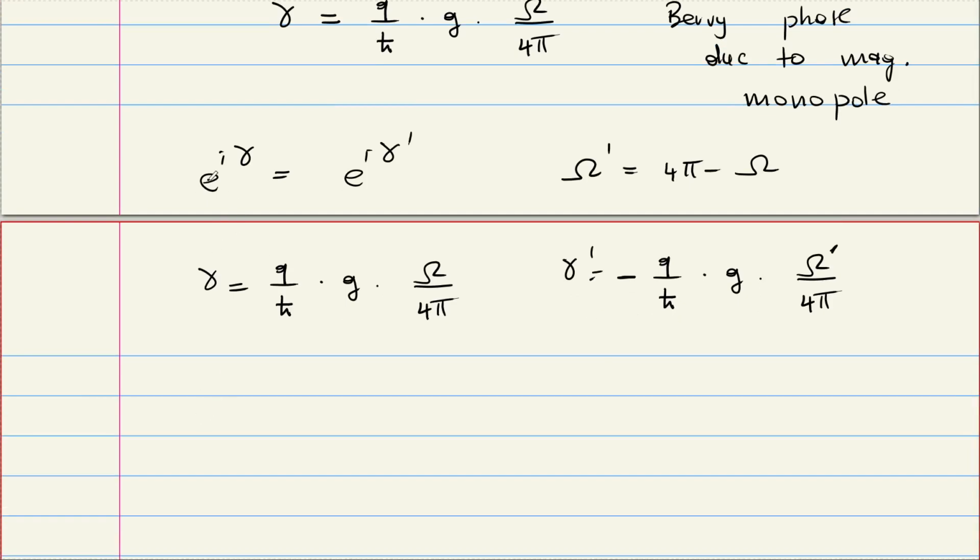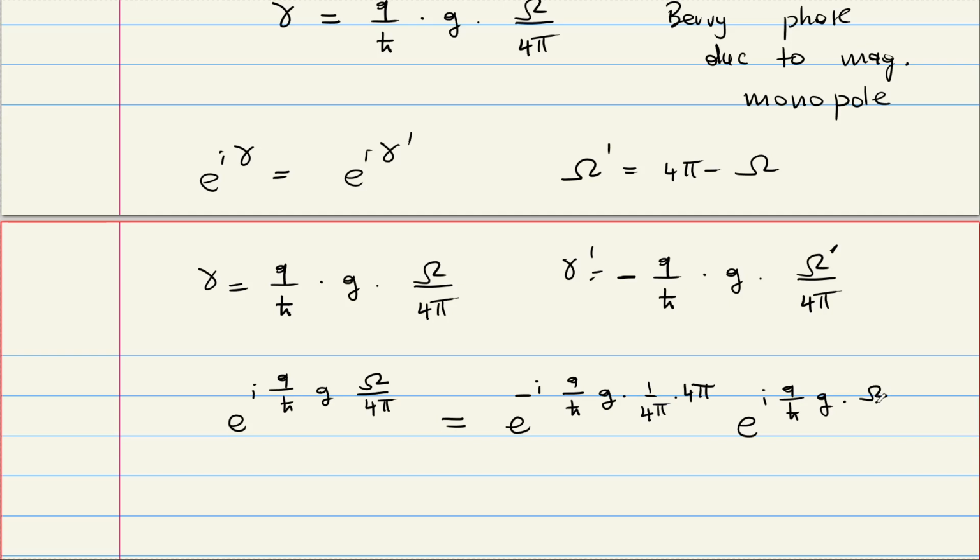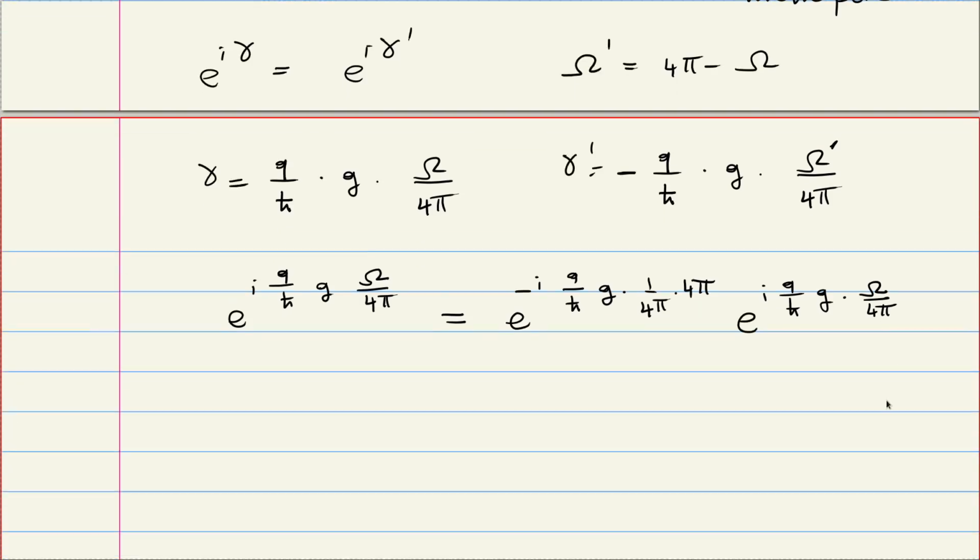So this side, e to the i gamma is going to give e to the i q over h bar g omega over 4 pi, which should be equal to, first I plug this in, e to the minus i q over h bar g 1 over 4 pi times 4 pi, and now I'm writing this term, e to the i q over h bar g omega over 4 pi. Good.